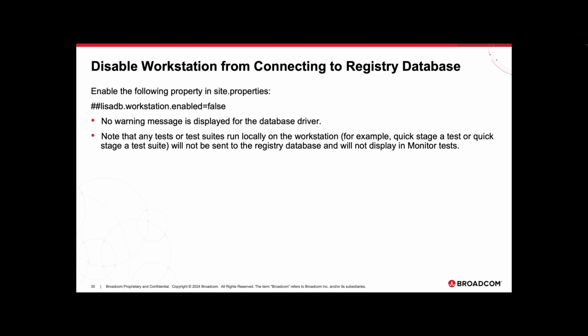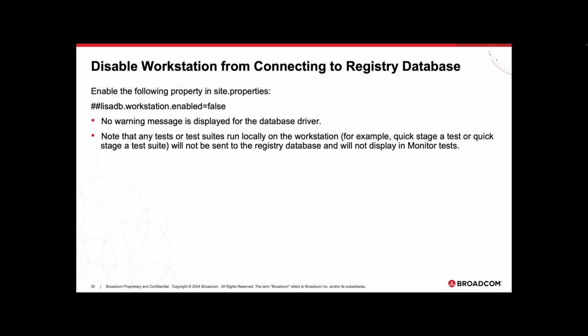Yeah, it's done at the registry level. As long as all of those VSEs you're deploying to are connected to the same registry, you would identify it in that site.properties. I know you have multiple registries, so you would have to identify it at the registry level for each of the registries. Otherwise, if a workstation is connecting to registry A that has not identified it, you'll still get that warning message.